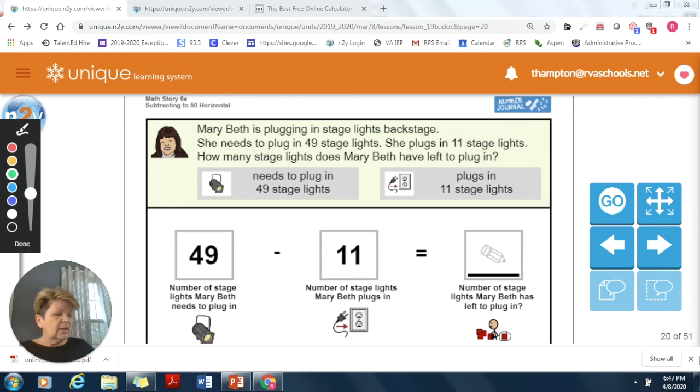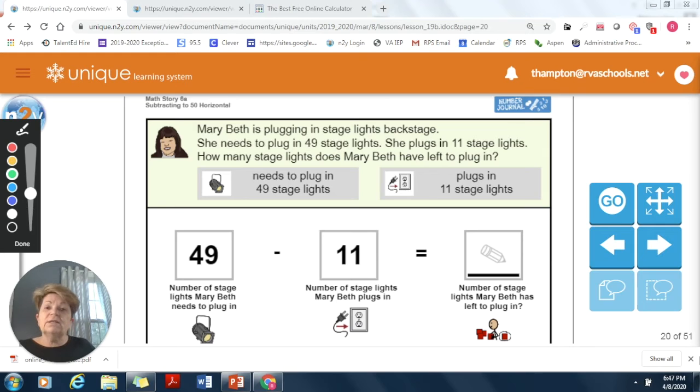So now let's look at 4 minus 1. Now we could be as simple as put up 4 fingers and take away 1, and we know we have 3. Okay, so our answer is 38. So 38 what? 38 light bulbs, 38 left to plug in.